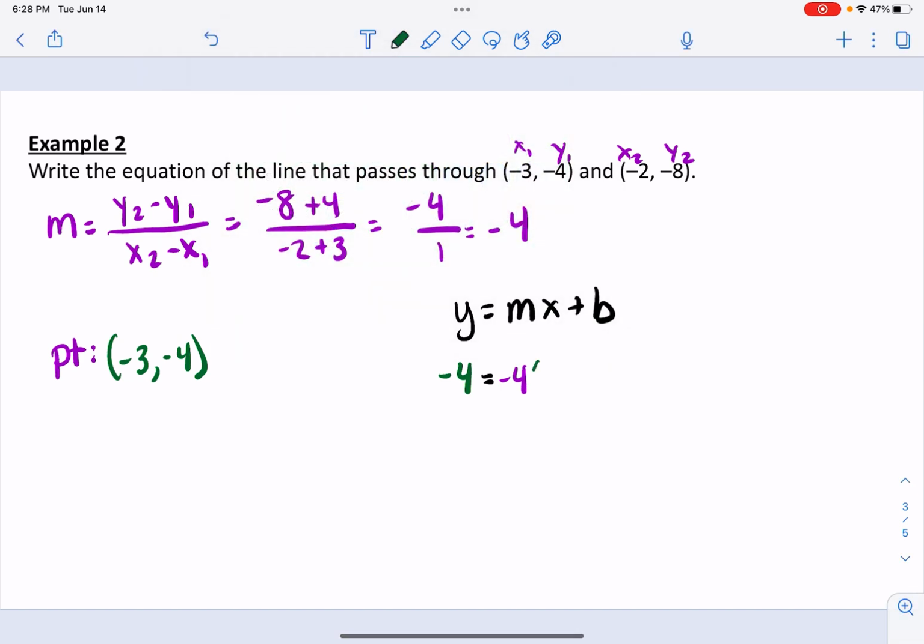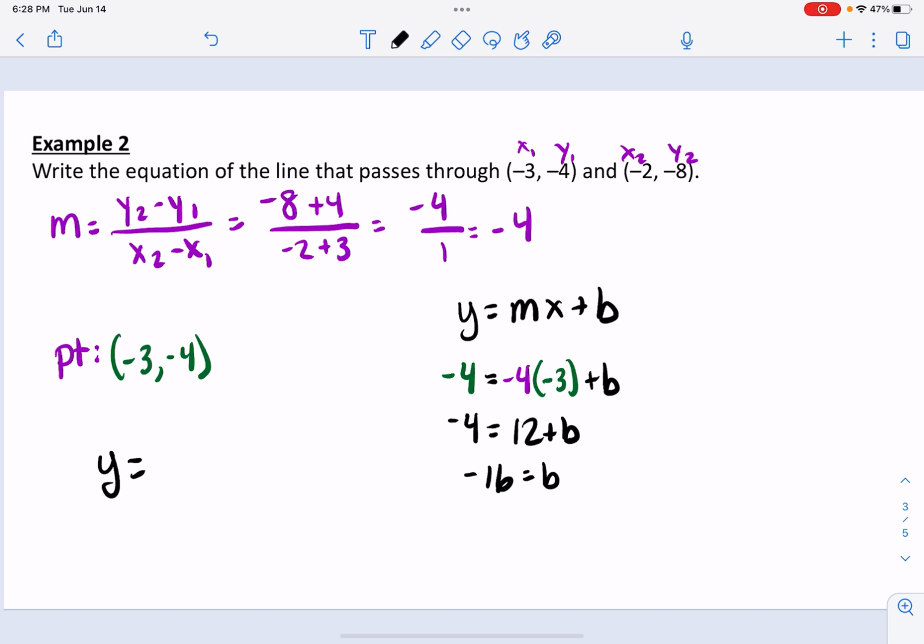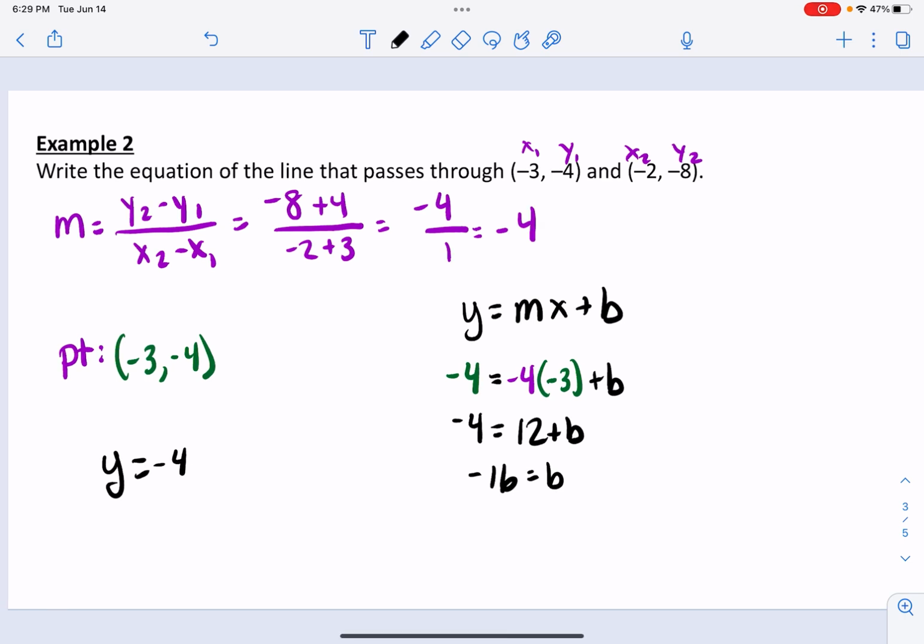My x-coordinate is negative 3, plus b. And now I solve. So I have my line, y equals m, our slope was negative 4, x plus b.